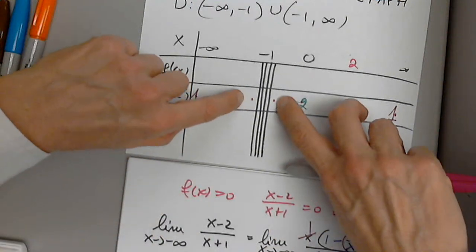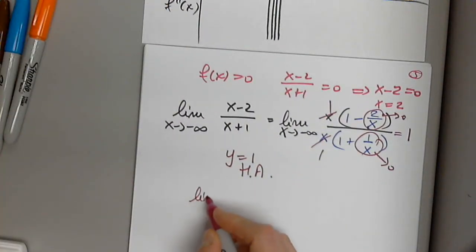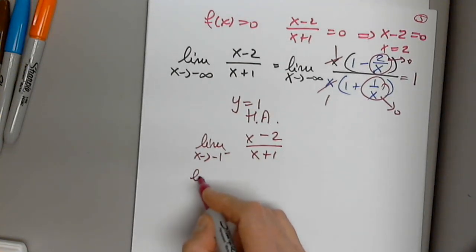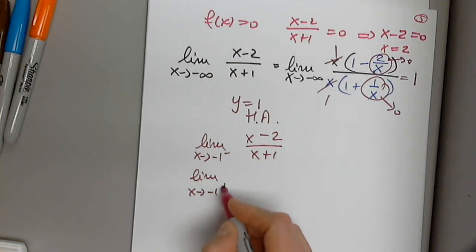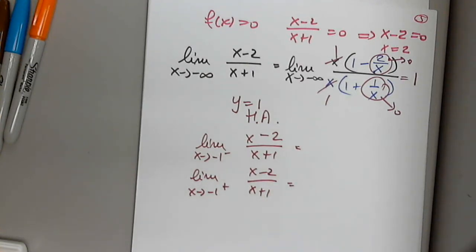To determine these limits, I'll say limit as x approaches -1 from the left of (x minus 2) over (x plus 1), and limit as x approaches -1 from the right of (x minus 2) over (x plus 1). When I plug in -1 here, at the top I get -3.